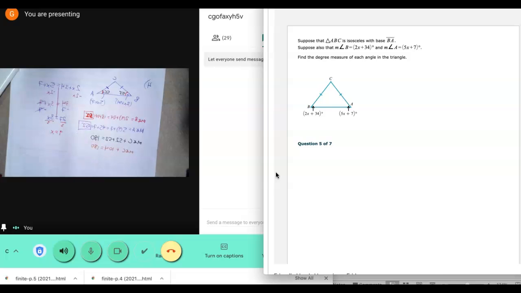Now I can subtract that, and the measure of angle C is 180 minus 104, 76 degrees.